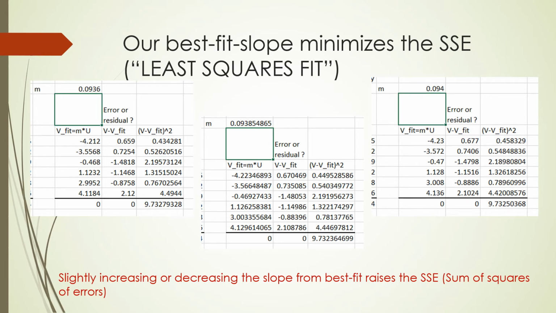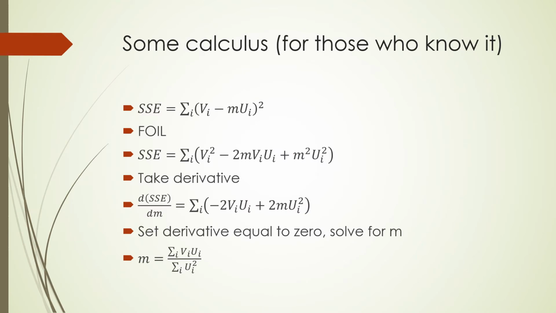I'm just going to briefly review the calculus for those who know it. The SSE is the sum over the V data minus the model, which is m u, and then we are squaring that. So we have the sum of the square of v minus m times u.